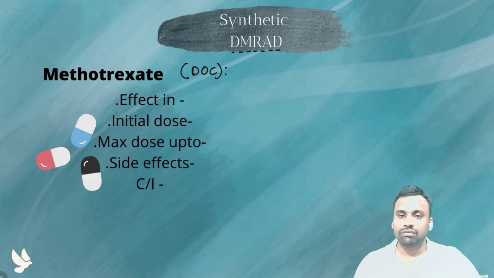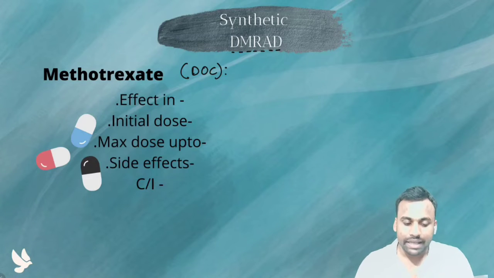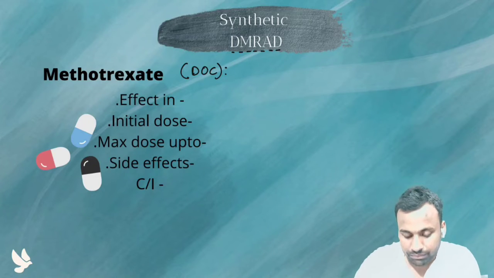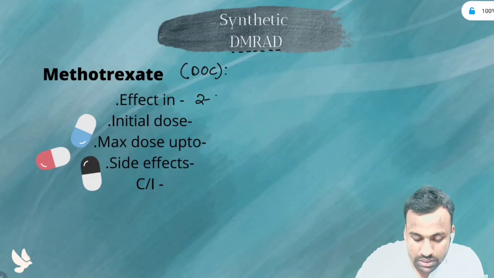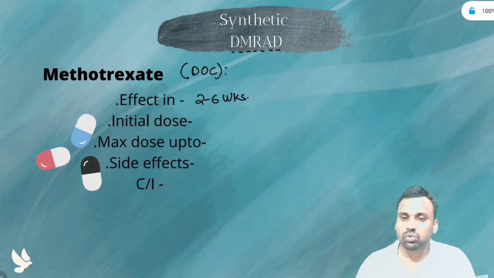Mainly when you give methotrexate, its effect can take almost 2 to 6 weeks to work.